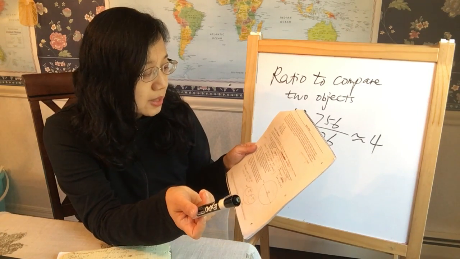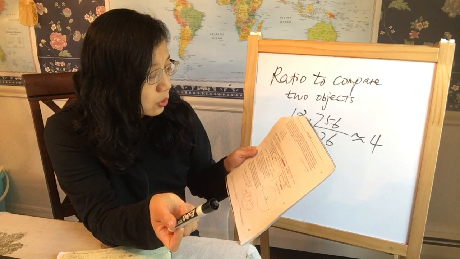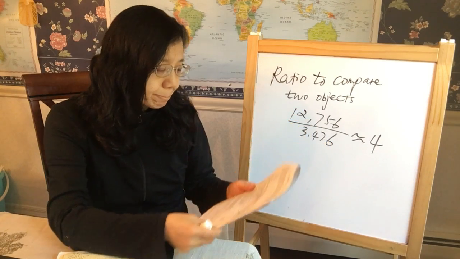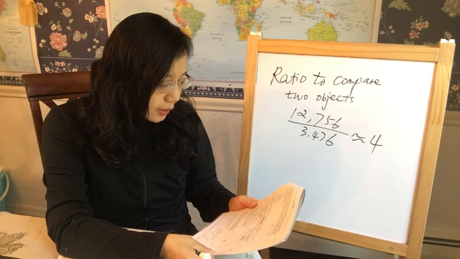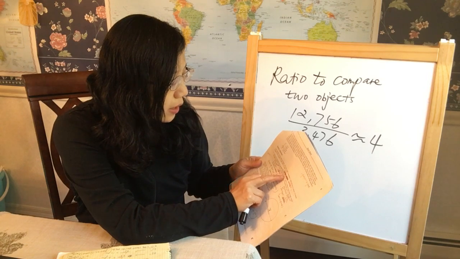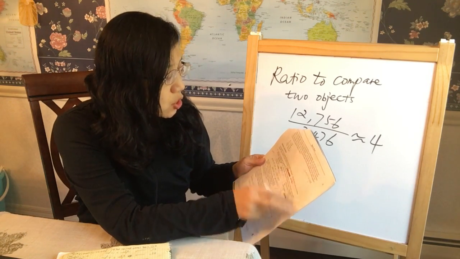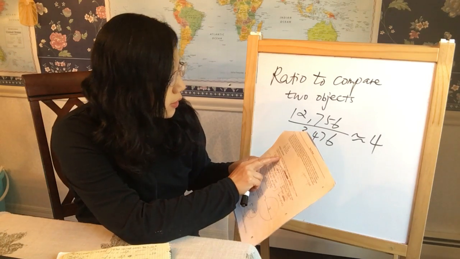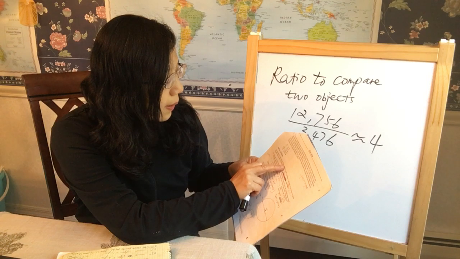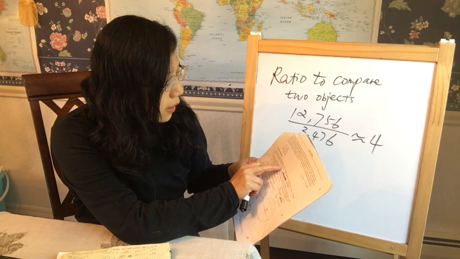If they are approximately the same, that means we can use that scale model to model the objects in the universe. So for question number 4 here, can any combination of the following items be used to make an accurate scale model of Earth and the Sun? Before question number 4, you can see we use the diameter of the Sun divided by the diameter of the Earth.